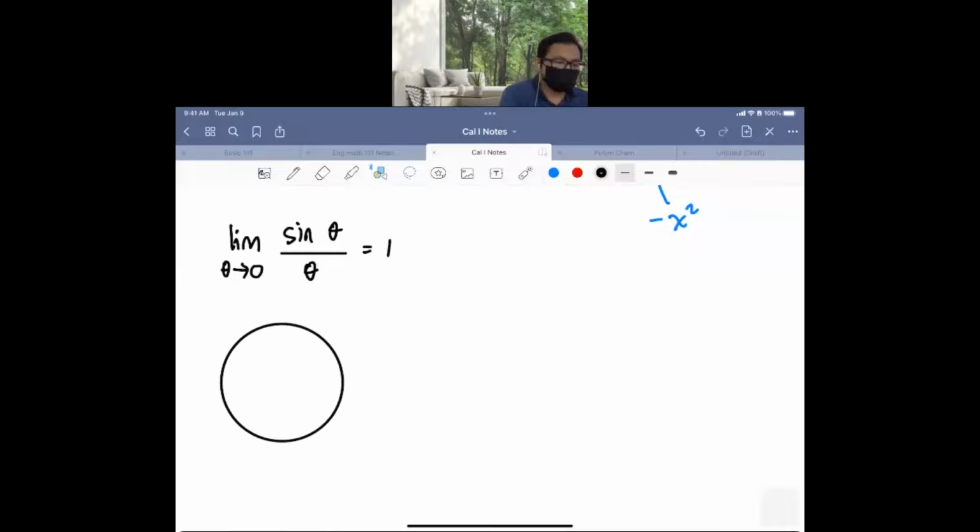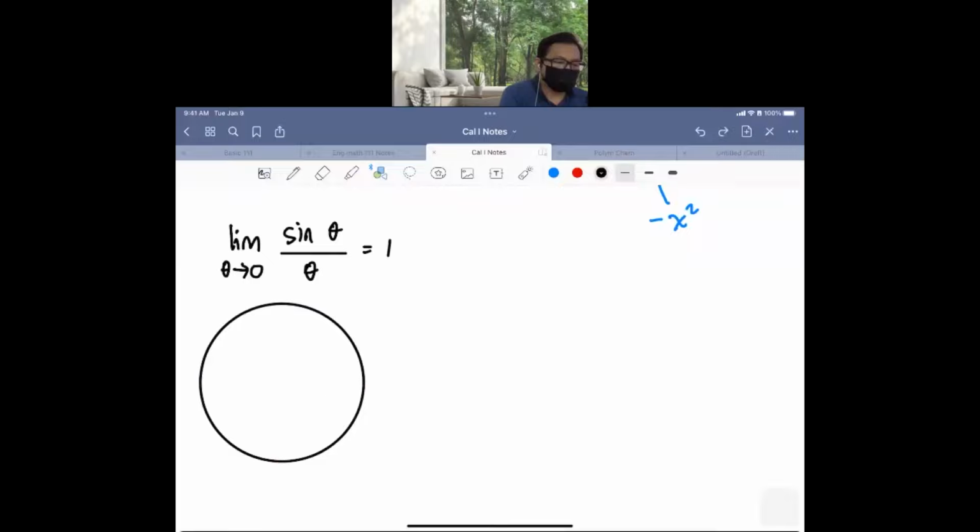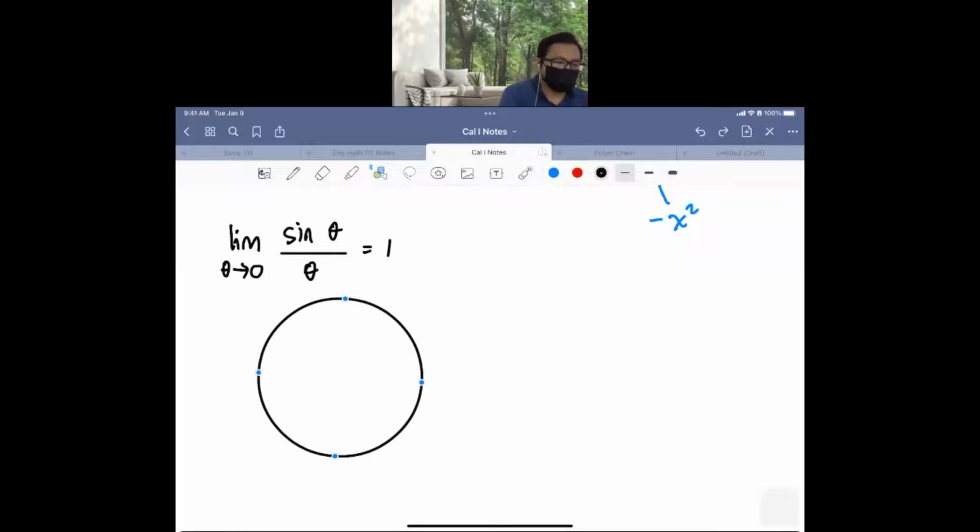Let's say the circle. Start with just a regular circle, and then define the radius. And then make out a small sector, like when you are cutting pizza, right?